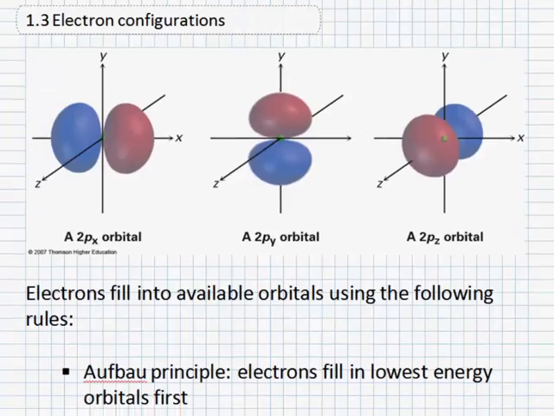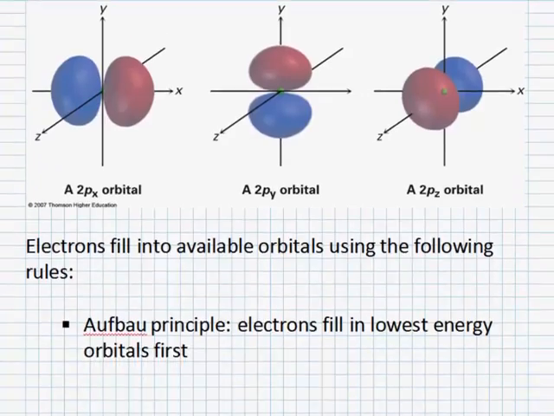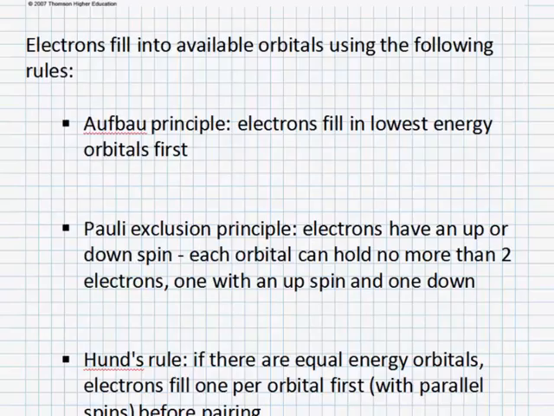So let's talk about how it is that electrons will actually fill into available orbitals. There are 3 principles that define how it is that electrons will fill into available orbitals. So first is the Aufbau principle, that electrons fill in lowest energy orbitals first. So 1s, just like we showed before, is the lowest energy orbital, and that's just the first shell. All it is is that 1s orbital.